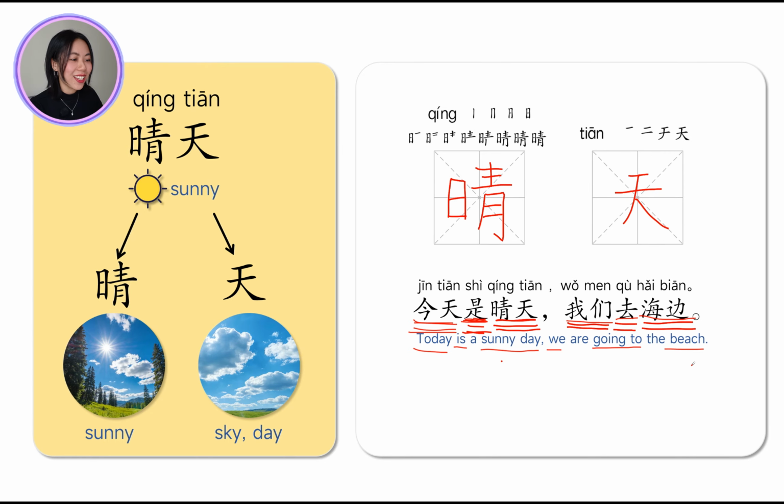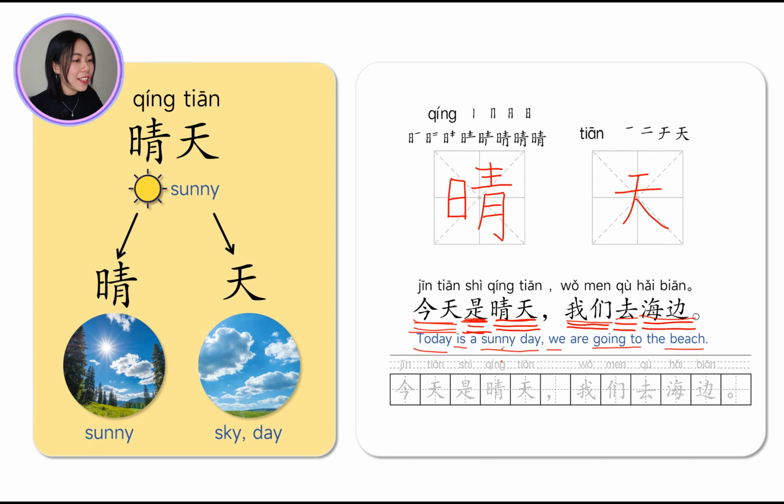Very good. So 今天是晴天，我们去海边。第三个 the third one.